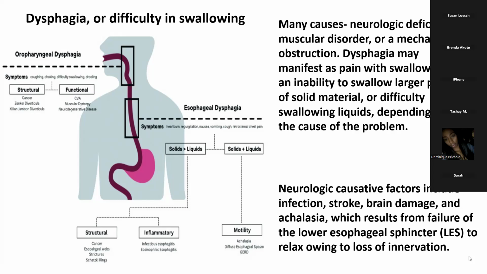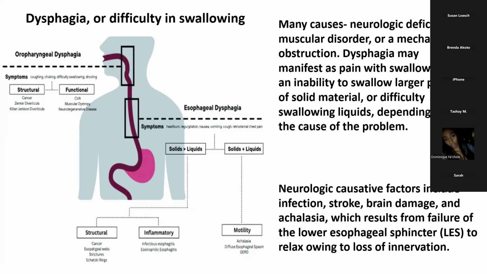Neurological factors could be a stroke, an infection. And with that, usually they have that failure of the lower esophageal sphincter. So it's not being innervated by the nerves, by the system that's supposed to innervate it neurologically, okay, from your brain and from your nerves. So it's not being innervated here, and that causes the failure of the lower esophageal sphincter.